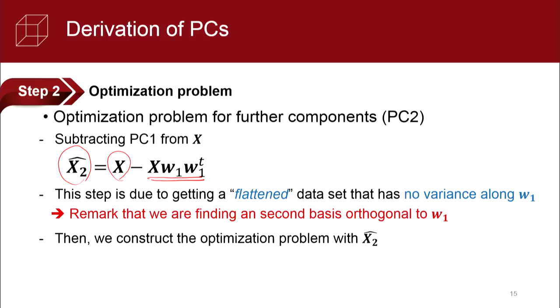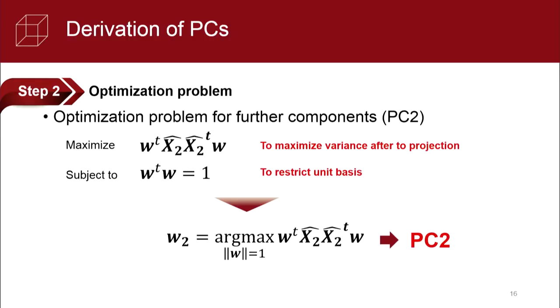This step gives us a flattened data set that has no variance along the W1, the first principal component. And the second principal component is supposed to be orthogonal to the W1. So by using this data, x2 hat, we can construct the optimization problem as follows.